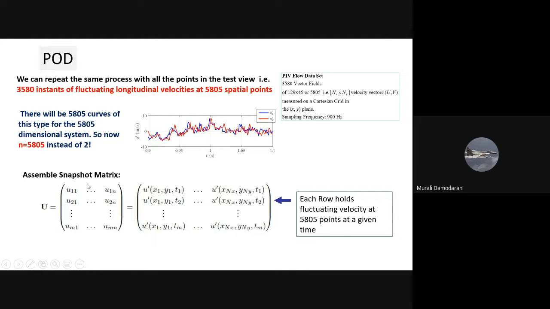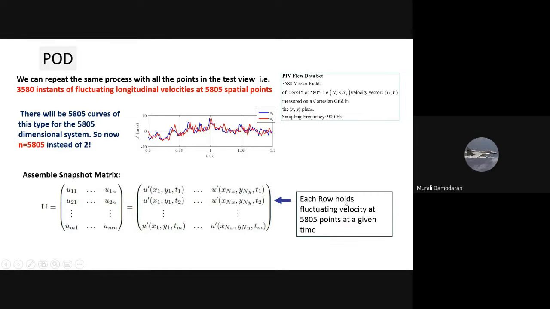So this I can actually arrange as a snapshot matrix for all this. You have the first snapshot, first column, and last column. So you have an array. Okay, so you can do all these things.